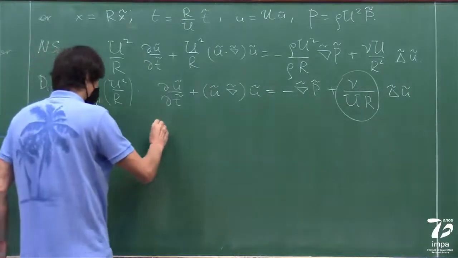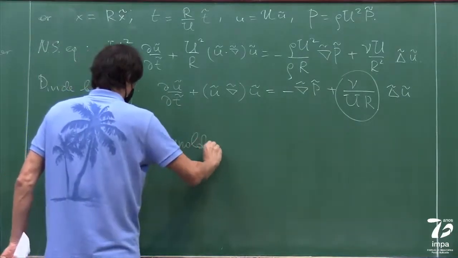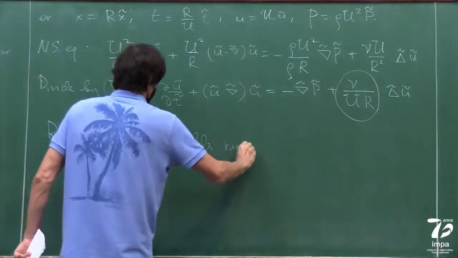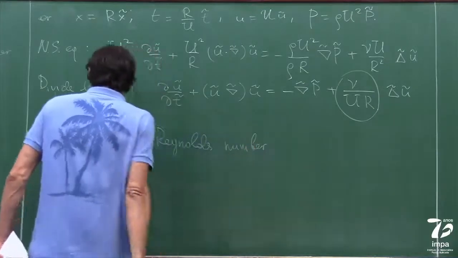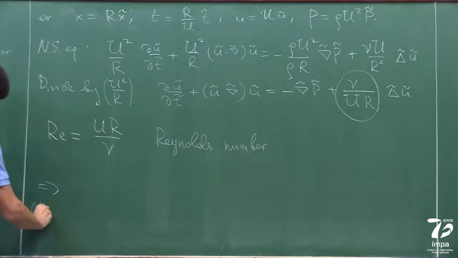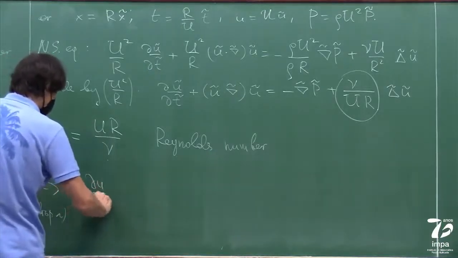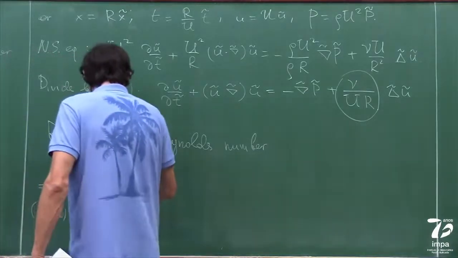It's called the Reynolds number. And so the final equation, let's drop the tildes, just remember that we are in dimensionless coordinates. We write the Navier-Stokes equation in dimensionless form.